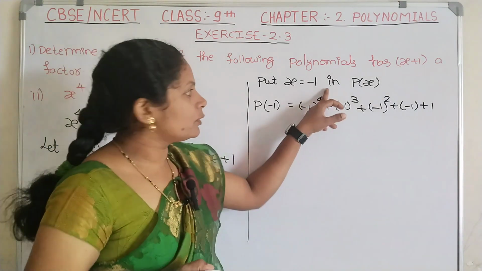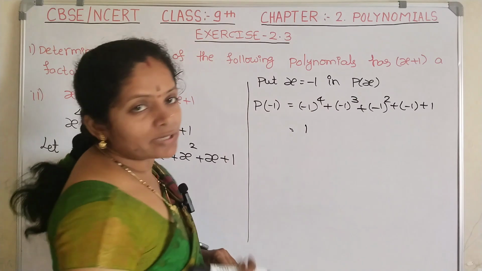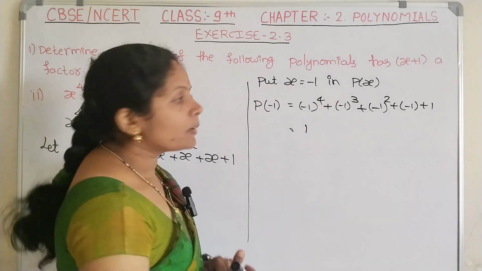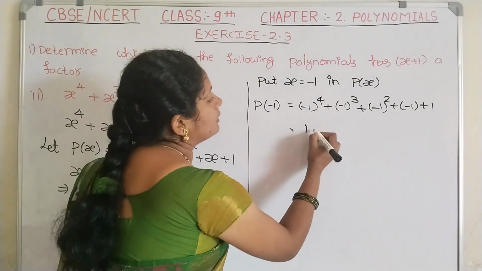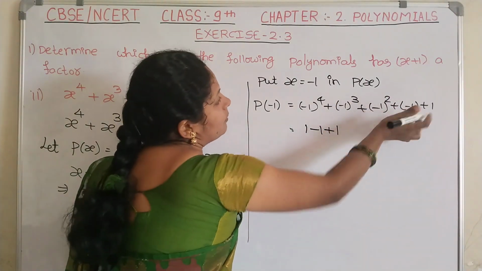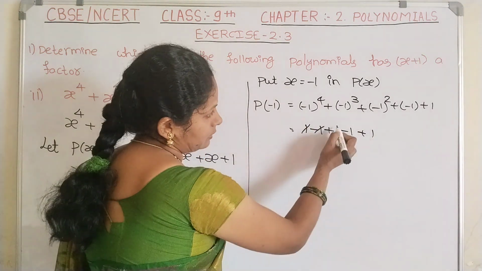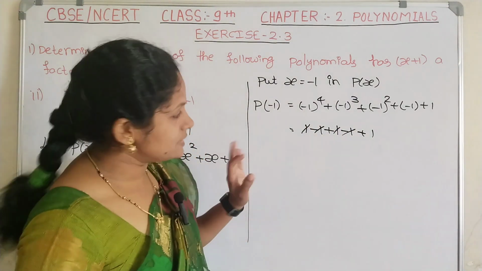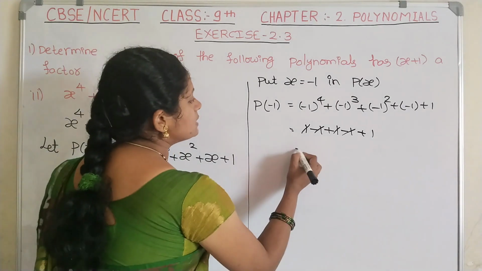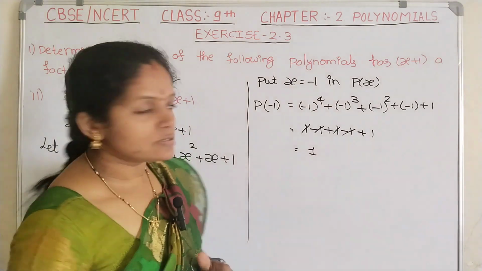Minus 1 whole power 4, the power is an even number, so we get plus 1. Minus 1 whole power 3, the power is an odd number, that's why we will get minus 1. Minus 1 whole square is plus 1. Minus 1 plus 1. Plus 1 minus 1 plus 1 minus 1. These 4 will get cancelled. What remains? Only 1. Means we haven't got 0.